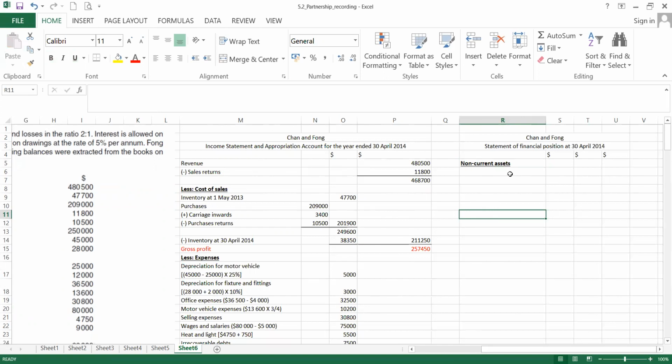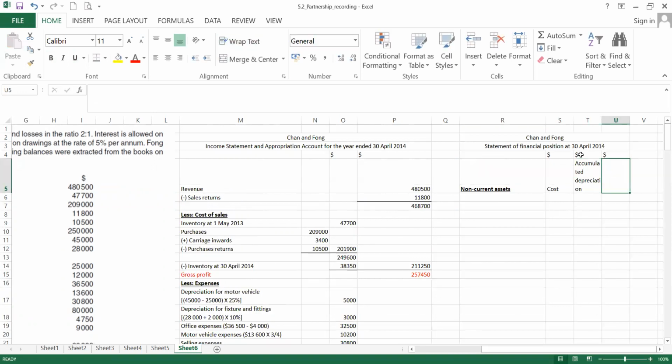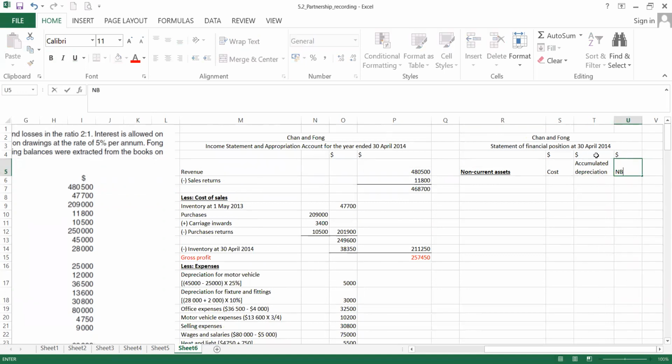Our non-current asset must have three columns because you have all the information: cost, accumulated depreciation, and net book value. These three columns are only for non-current assets.